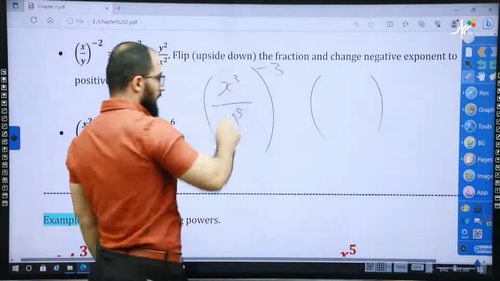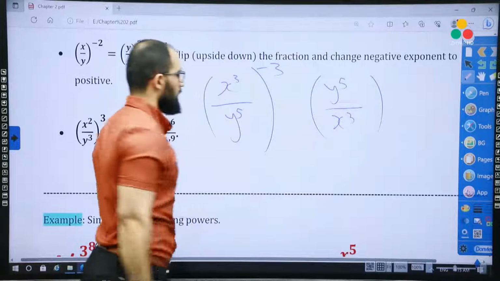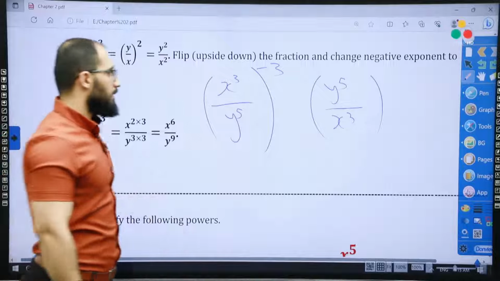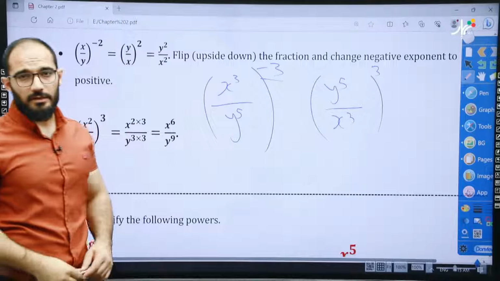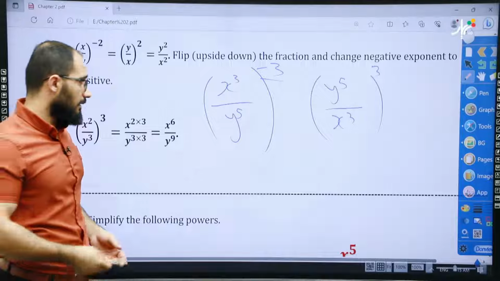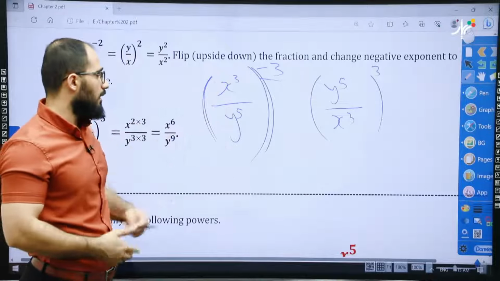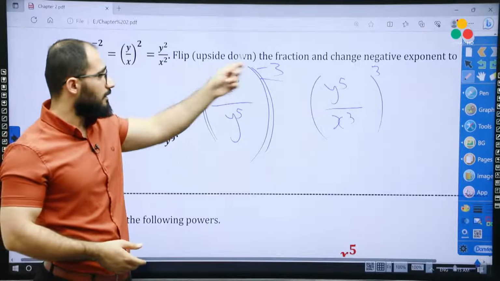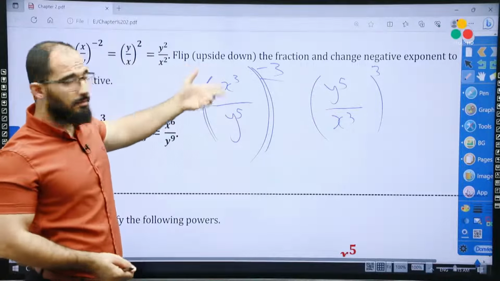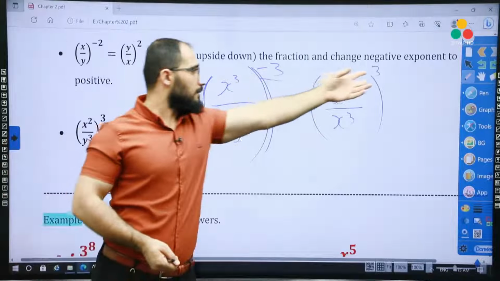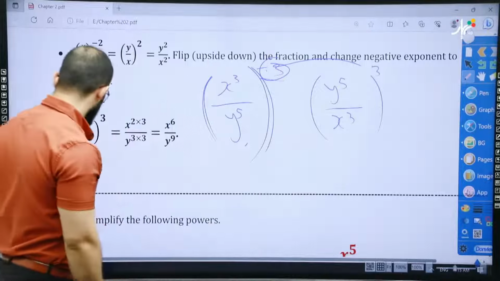Just flip the fraction upside down, then change the power from negative to positive. Again, if you have x power 3 divided by y power 5 with a negative power, just flip it upside down, then change the negative power to positive. And that's it.